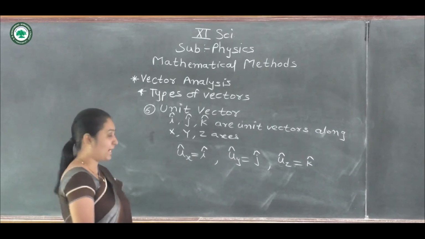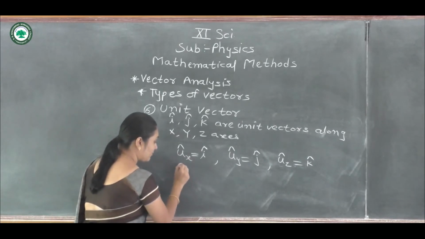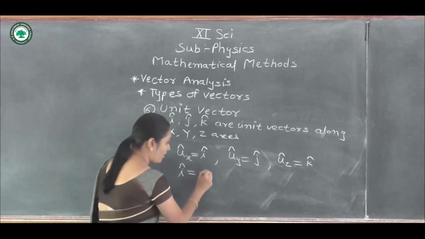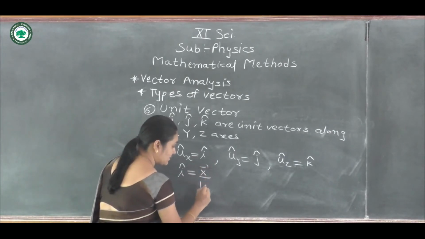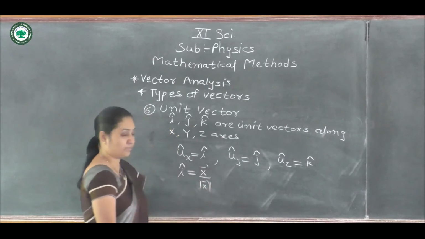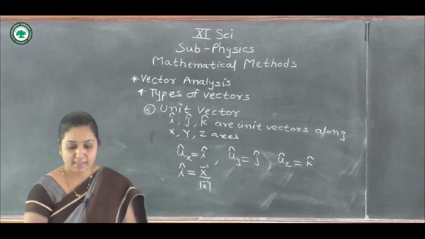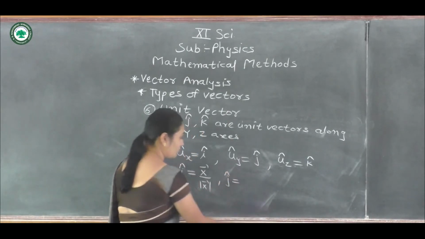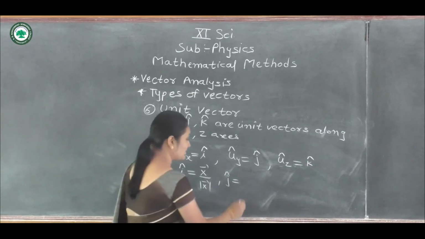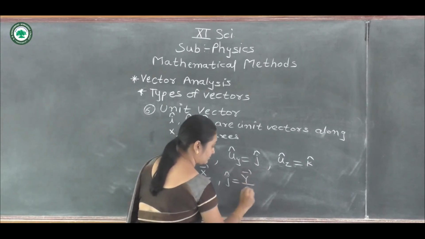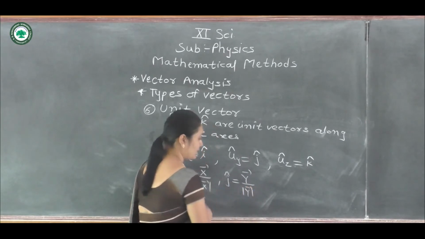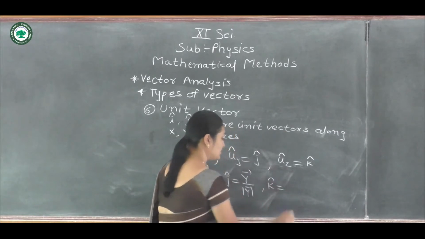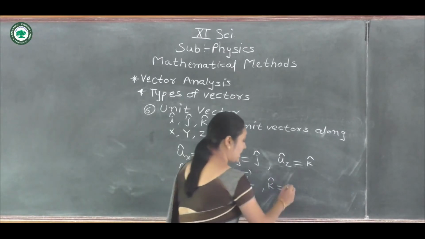So here i is the unit vector along the x axis, then j is the unit vector along the y axis, similarly k is the unit vector along the z axis.